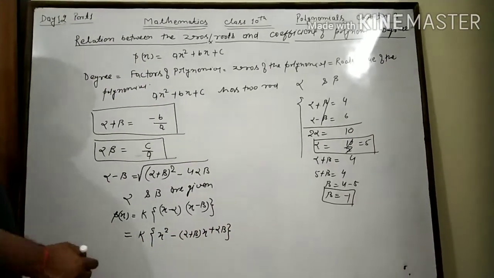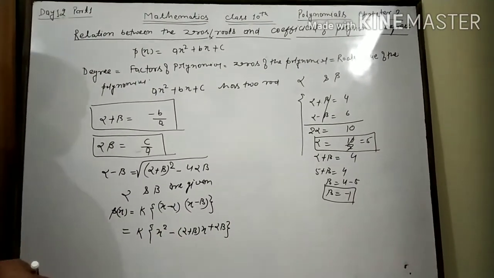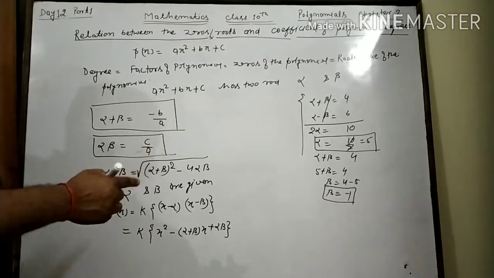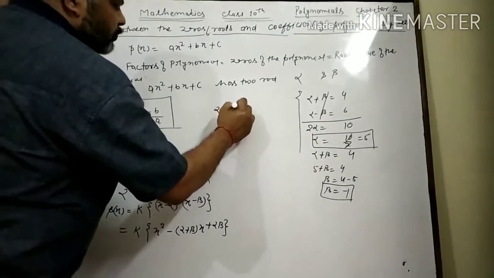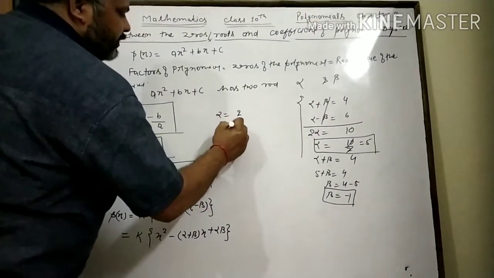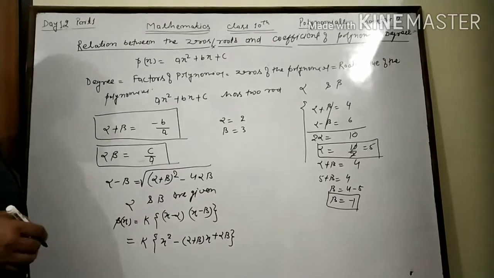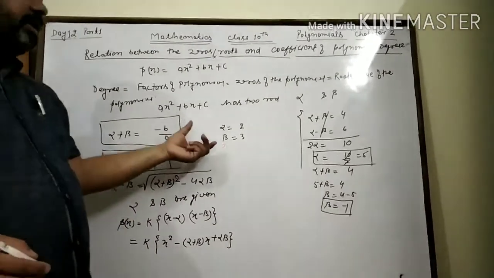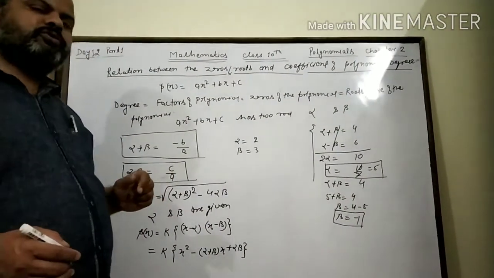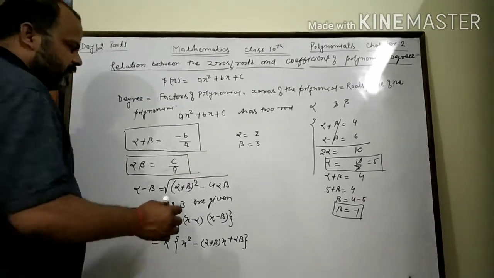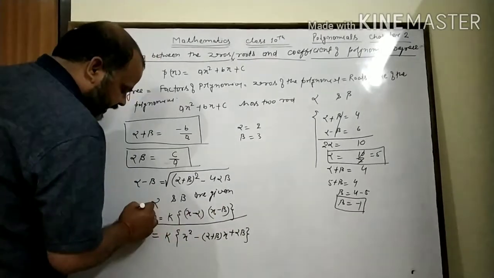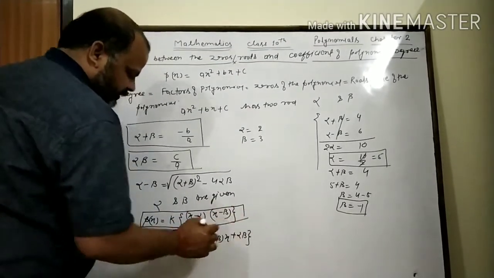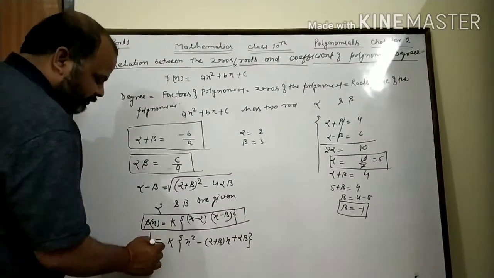Here k is any real number. Clear? Then if alpha is equal to 2 and beta is equal to 3, what is the polynomial? You can put the values of alpha and beta in this formula or in this formula also.